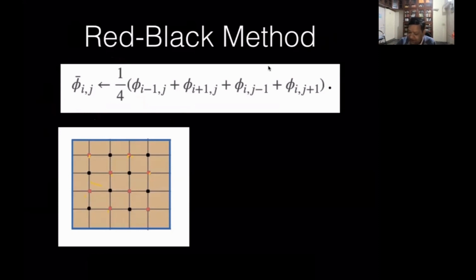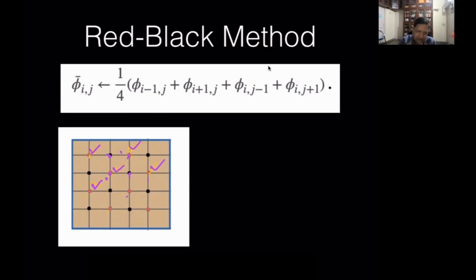Now, the idea is that you update red first, using basically vectorized Jacobi. Then you update the black using the new values of red. Because when I update this black one, I'll be using these red ones.